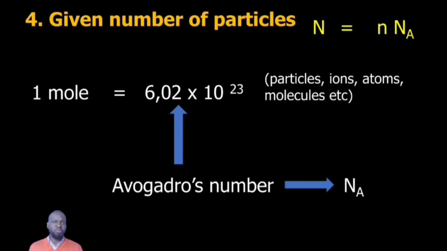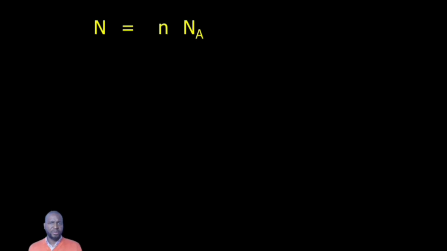If I have X moles, and I want to find the number of particles in X moles, I just multiply X times Avogadro's number. So the number of particles is actually equal to moles times Avogadro's number. So if I've got the number of particles and I've got Avogadro's number, I can easily work out the moles.